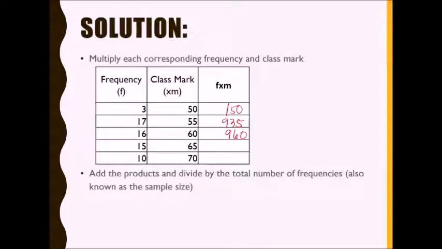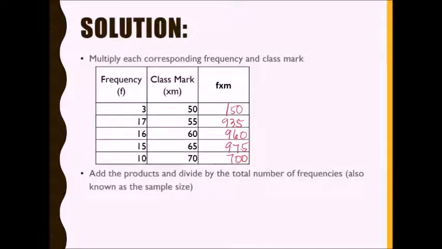Then we have 15 times 65, which is 975. Then 10 times 70, this one is 700. To get the mean, we will add all of these and divide the total by the number of frequencies.